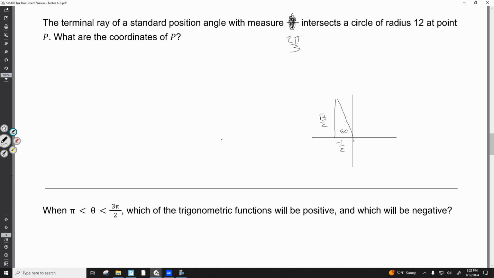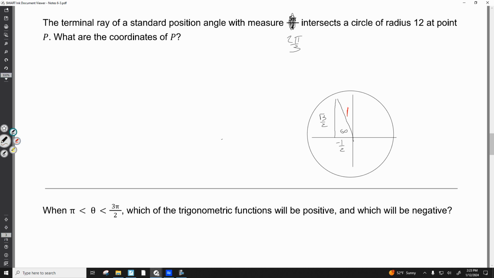Now, here's the key to the connection of radians and these triangles: this triangle has a hypotenuse of 1. That's the radius of my unit circle. This arc length is 2 pi over 3. That's the radian measurement, connects with the 60 degrees, connects with the triangle.